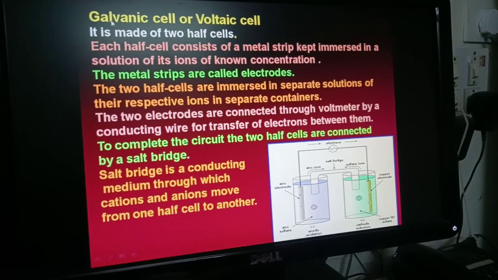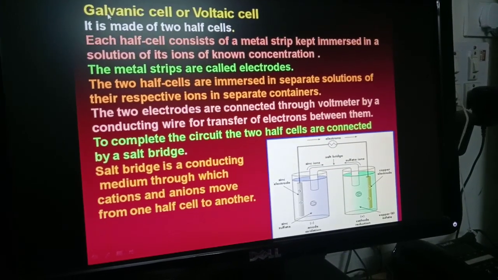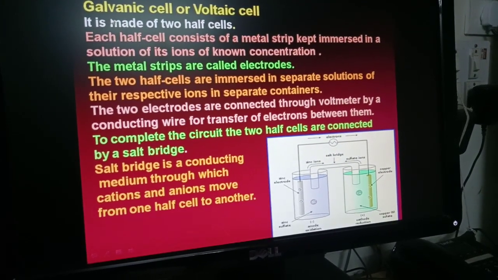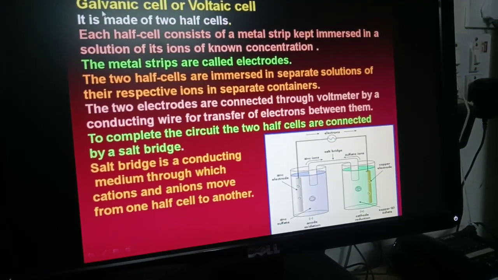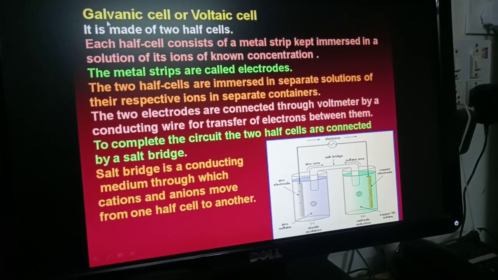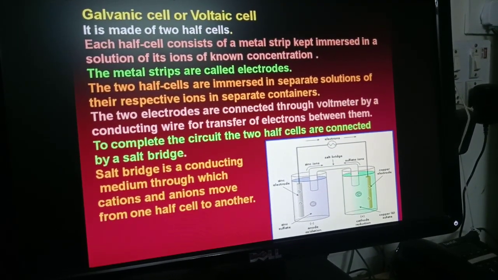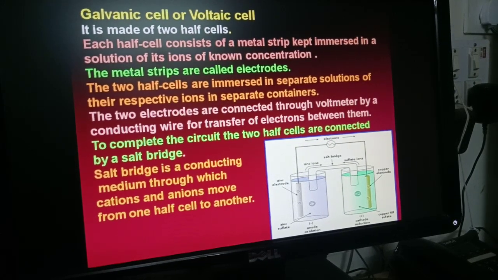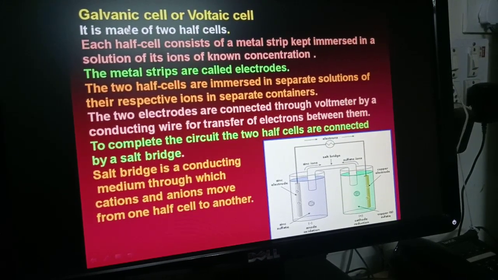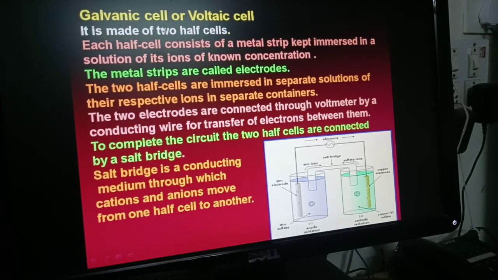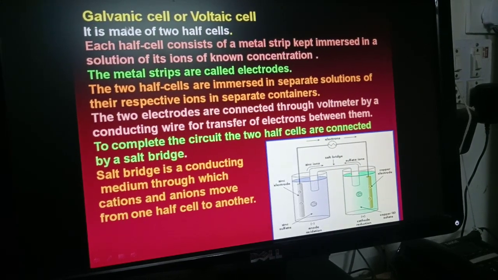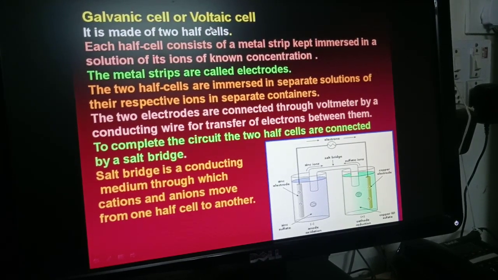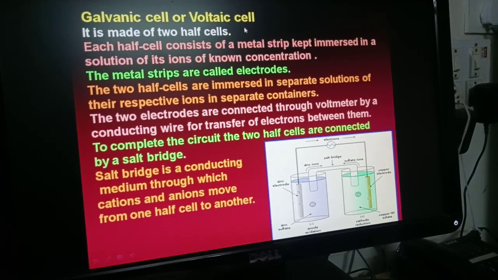In the previous lecture, you had studied about two types of cells. One was electrolytic cell, which you have already studied in the last lecture. Today we will study about galvanic cell. The galvanic cell is also called voltaic cell.